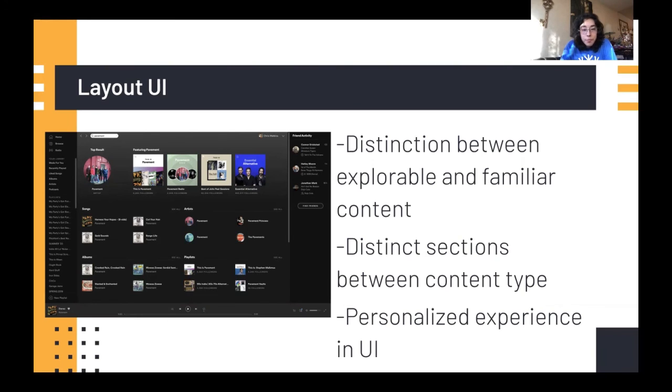Another example would be the side tabs that you can see that are a little darker than the middle tab. On the left, you can see a long set of little words, and those are your playlists and anything that has to do with your personal collection of things that you have, whether that be a playlist or an album or a certain artist you like. It's all familiar, so it doesn't give you too much information, but all of it is nice and set in this little set of columns.